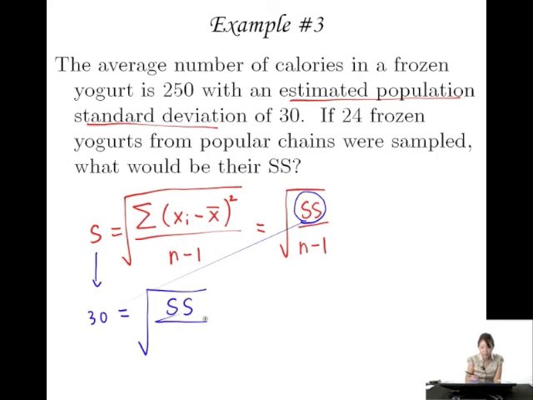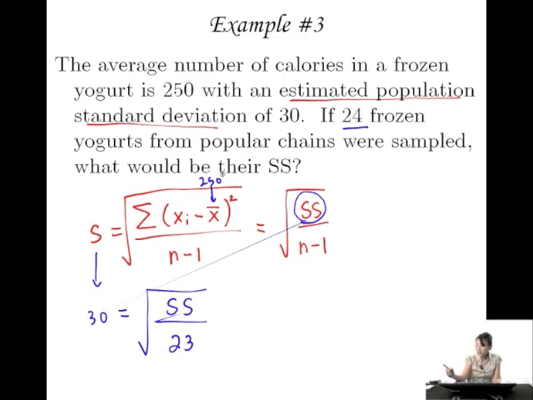But we do have n minus 1 because n is 24, right? So 24 minus 1 is 23. So from that, and only that information, we could figure out SS. And in fact, the mean they've given us, 250, is sort of a red herring. You don't actually need it in this problem.